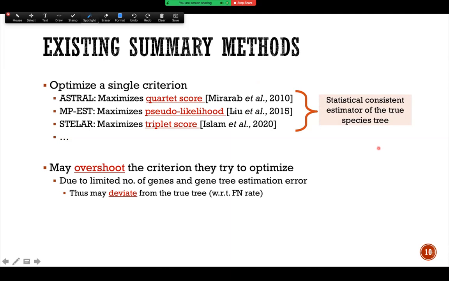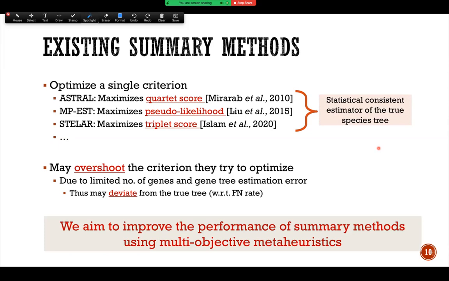But in practice, we have a limited number of gene trees and there is gene tree estimation error. So such methods may overshoot the criteria they try to optimize and thus may deviate from the true tree with respect to FN rate. In this study, we aim to improve the performance of summary methods using multi-objective meta-heuristics.